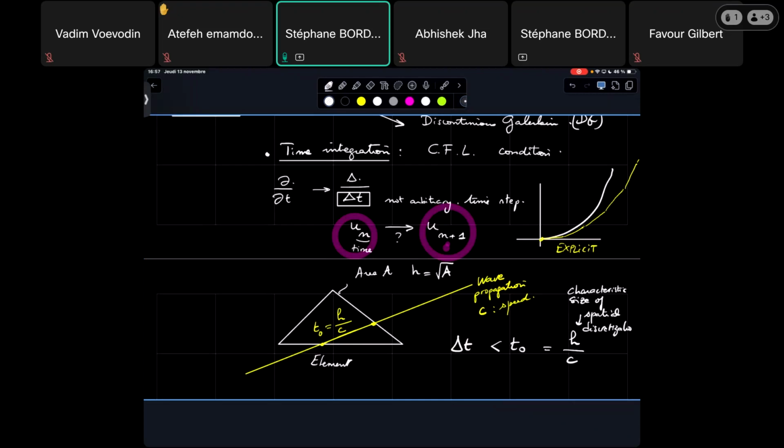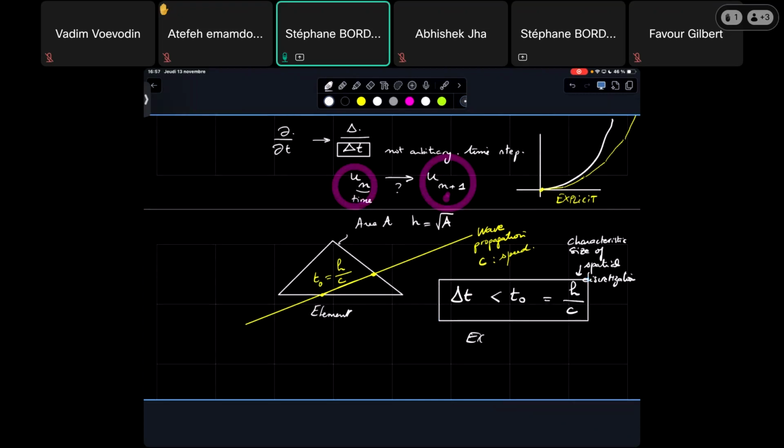Is it used for implicit methods or explicit methods? Very good question. Only for explicit. For implicit methods, there is normally no time step constraint. Exactly. It is unconditionally stable, most of them. And you have a huge number of those methods, implicit Euler and beta method and alpha, beta, theta, whatever.